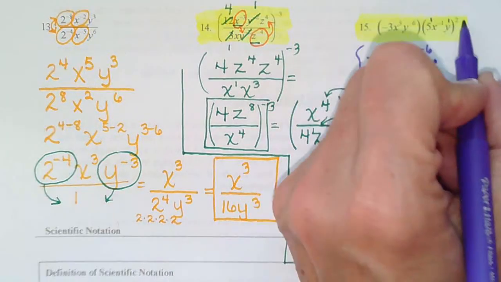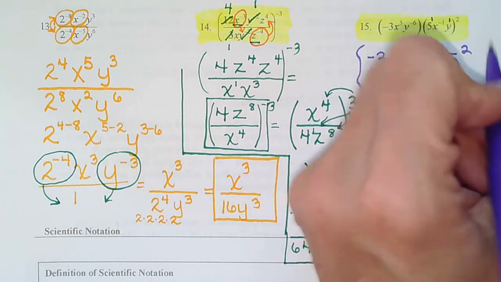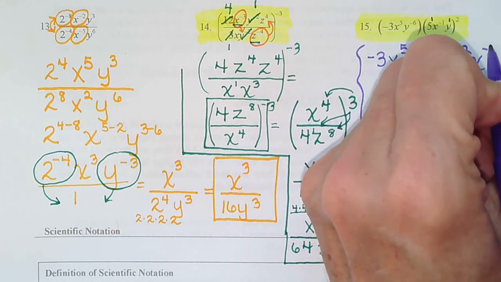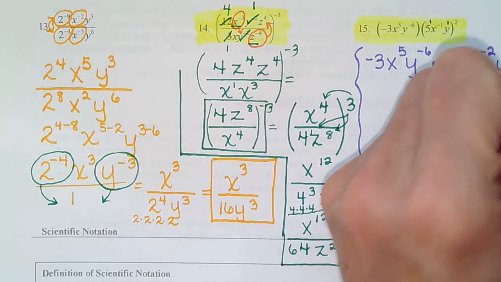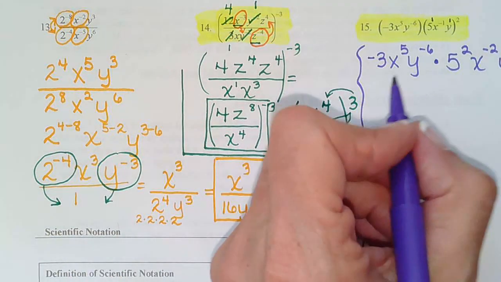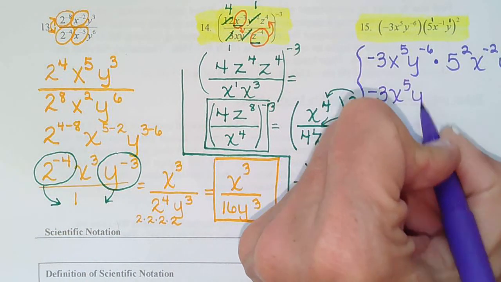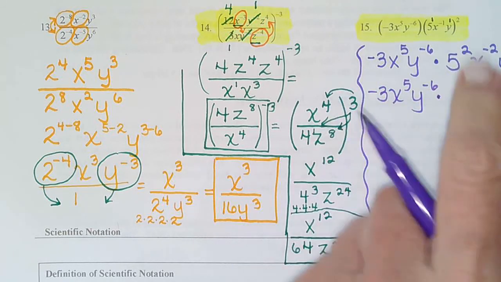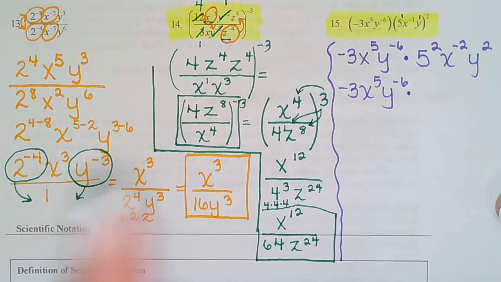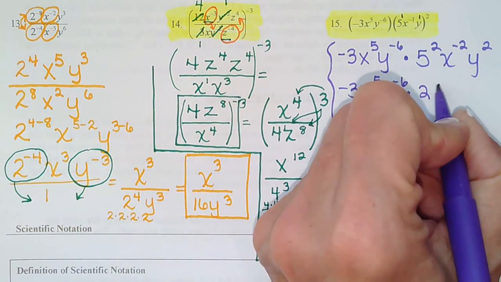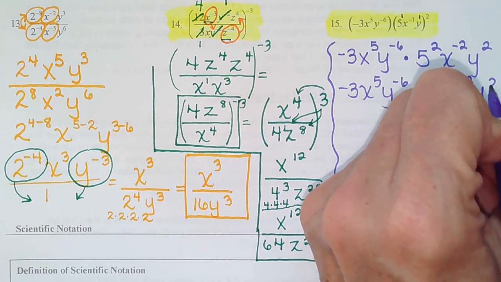So 1 times 2 would be 5 to the second. Negative 1 times 2 would be x to the negative 2. 1 times 2 would be y to the second. So now we have negative 3x to the 5th, y to the negative 6th, times 5 times 5 is 25, x to the negative 2, y to the second.